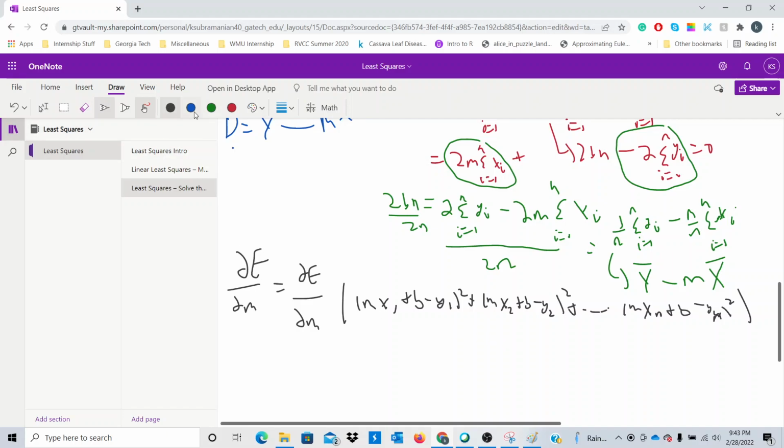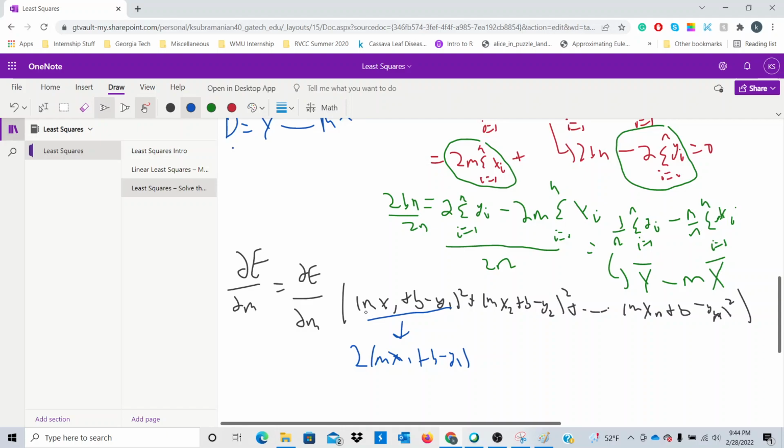So what do we notice here? The partial derivative of this term here with respect to m, well, we use our power rule, and because we have to use the chain rule, we work from outside to inside. So this is going to be 2 times mx1 plus b minus y1. And then we have to multiply this by the derivative of the inside expression with respect to m.